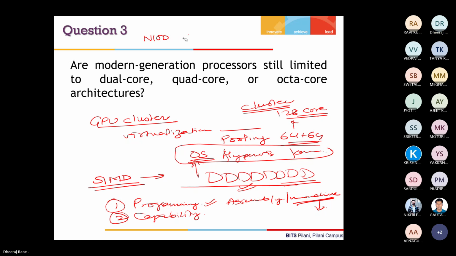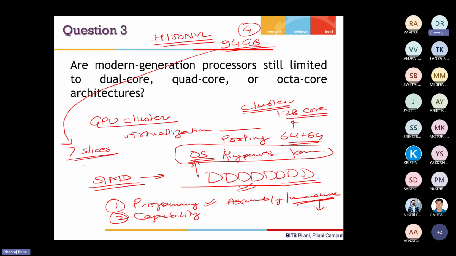We have this GPU cluster. Altogether, we have four such GPUs. Each GPU has a capacity of 94 GB, and corresponding to this, seven MIG slices can be created.